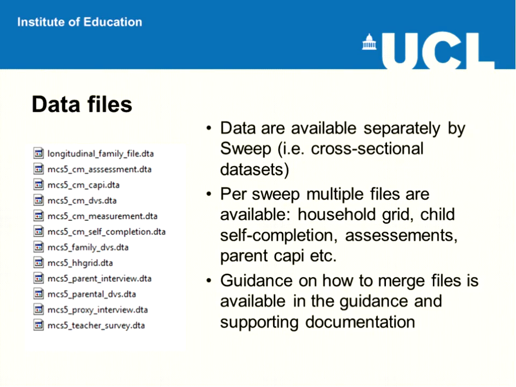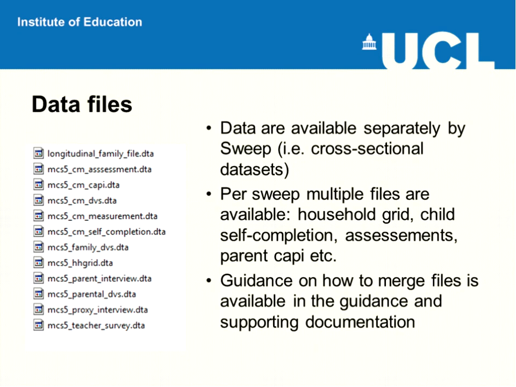And even within each sweep, there are multiple files available. All of the different surveys and the different data that are collected are not in the same data file. On the left side, I took a snapshot of the different data files that come with MCS Sweep 5.